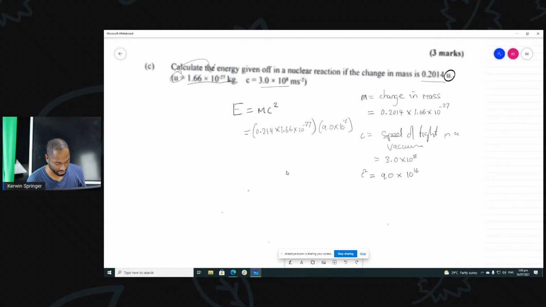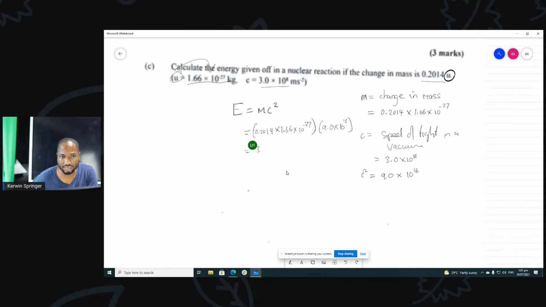I'm fighting with my calculator here. Try this again. So the answer is 3.08.